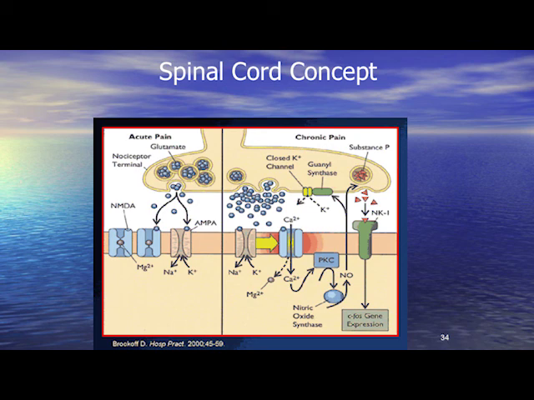The AMPA receptors try to activate the NMDA receptors, which we think is the receptor of chronic pain. But in the acute situation, there's not enough time and not enough mediator to get the NMDA receptor activated, so the acute pain will terminate at this level.